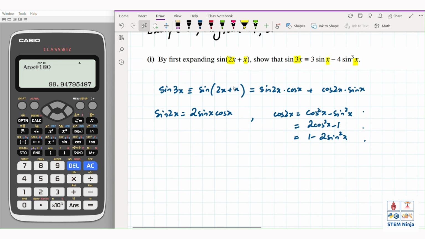So sine 2x times cos of x plus cos 2x times sine of x. Let's rewrite it. Sine 2x is 2 sine x cos x times cos x. So that becomes 2 sine x cos squared x.